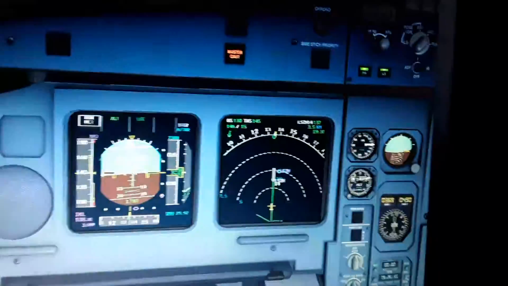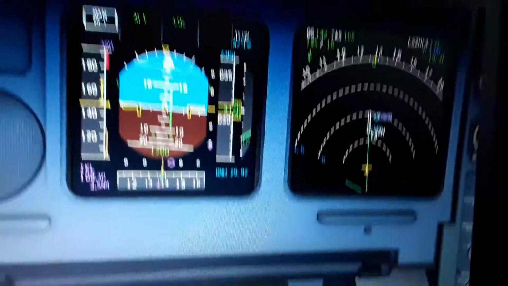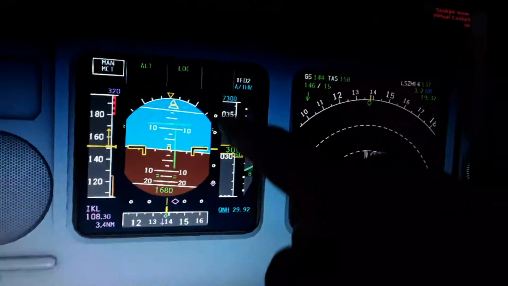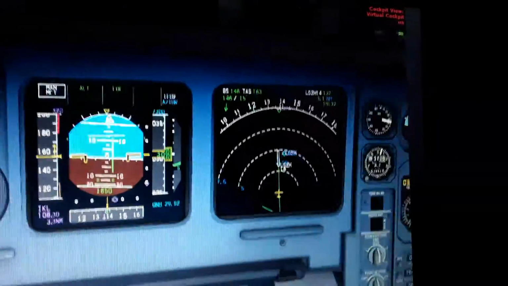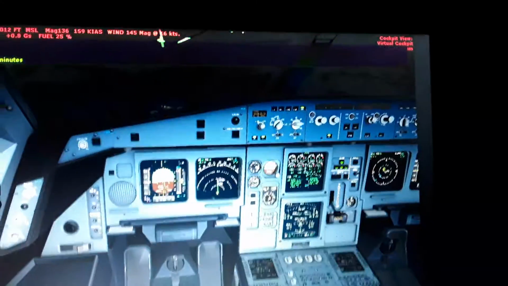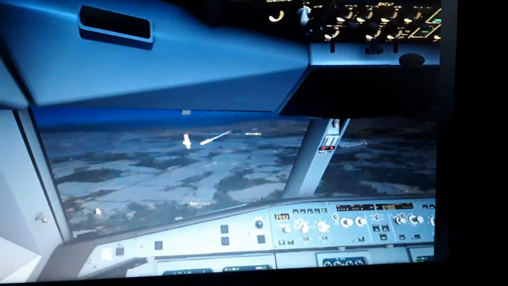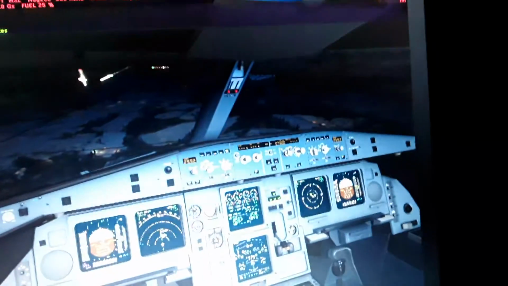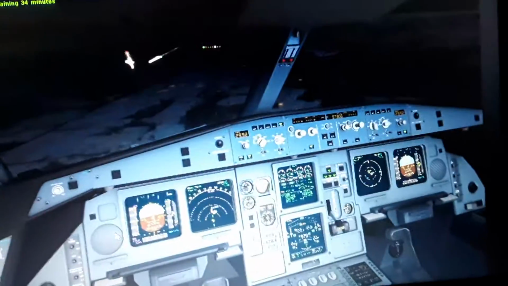We got our view over there on the runway. You can see I'm having here the localizer and the ILS in the primary flight display. We just need to descend a little bit more, we're a little bit higher than we have to be. But we are in a very good position to land. So maybe a little bit of thrust again.